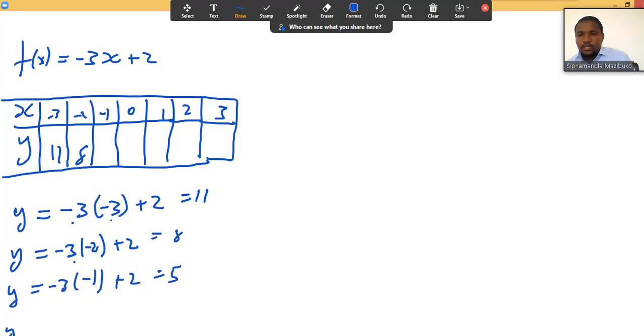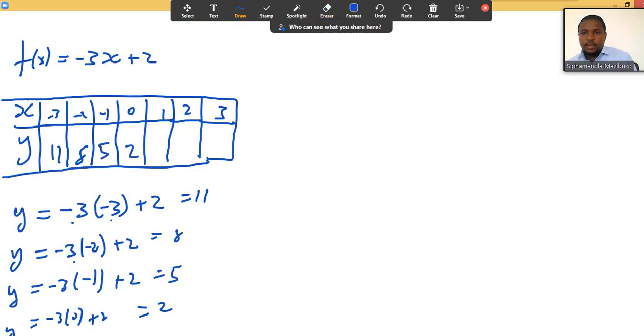Let's look at y when x is 0: minus 3 times 0 plus 2 is equal to 2. This one here is 5, this one is 5, and this one is 2.